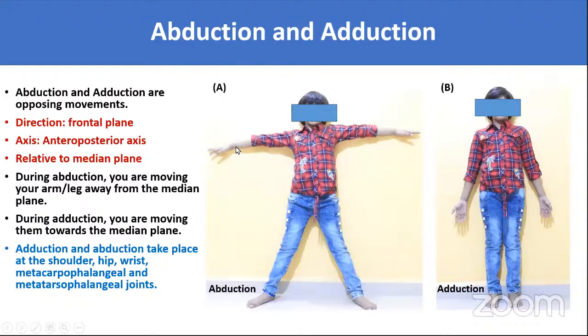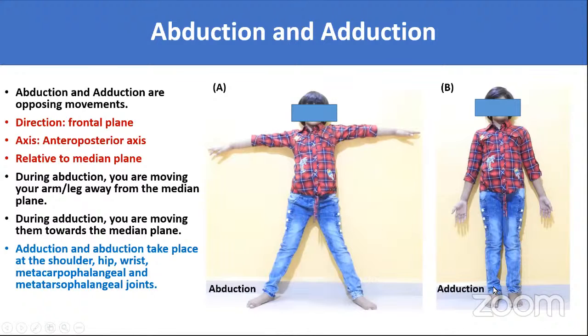So when the hand from this position is moving to this position, as it is seen here, and the leg which is away from the median axis moves from this direction to this direction, towards the median axis, then that is called adduction. So this is the adducted position. This is the abducted position.